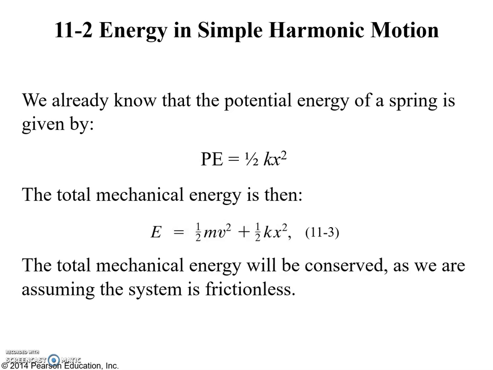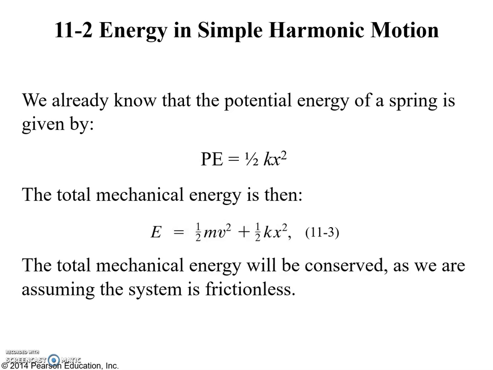Okay, this is our second video from Chapter 11, where we are talking about simple harmonic oscillation. And I've already made a few references to potential versus kinetic energy in our simple harmonic oscillator.